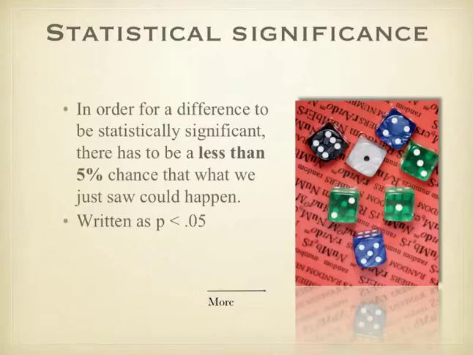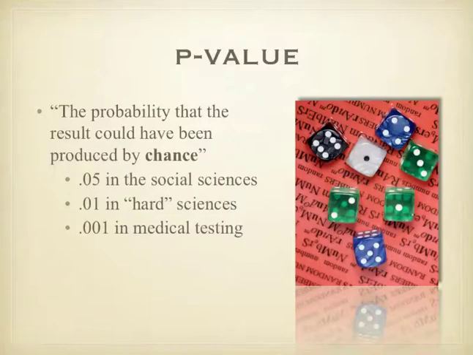There's only a 5% chance that the sampling difference is the result of chance. That kind of certainty is what we will find acceptable in the social sciences. So if there's less than a 5% chance that the differences that we saw are a result of chance, we'll accept those findings. Now, it's not true in all aspects of research.